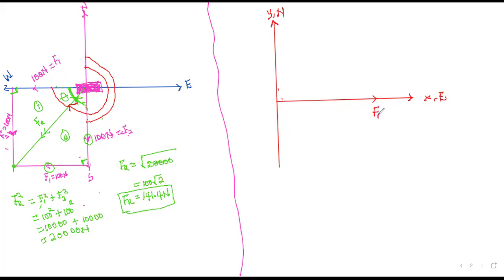F1 is along the x-axis or due east. This is F2. F2 makes an angle theta.